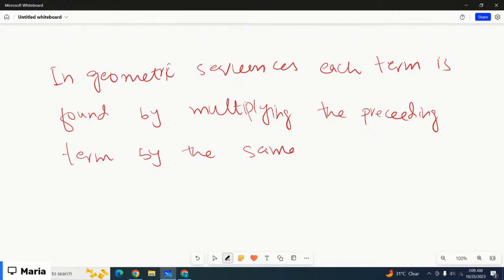Like for the next term, you have to multiply the previous term by a specific value, right?